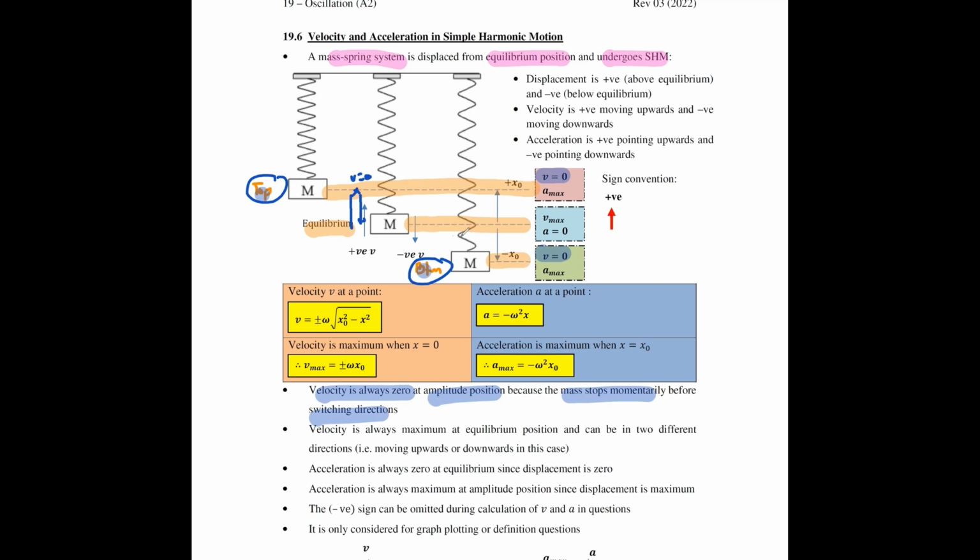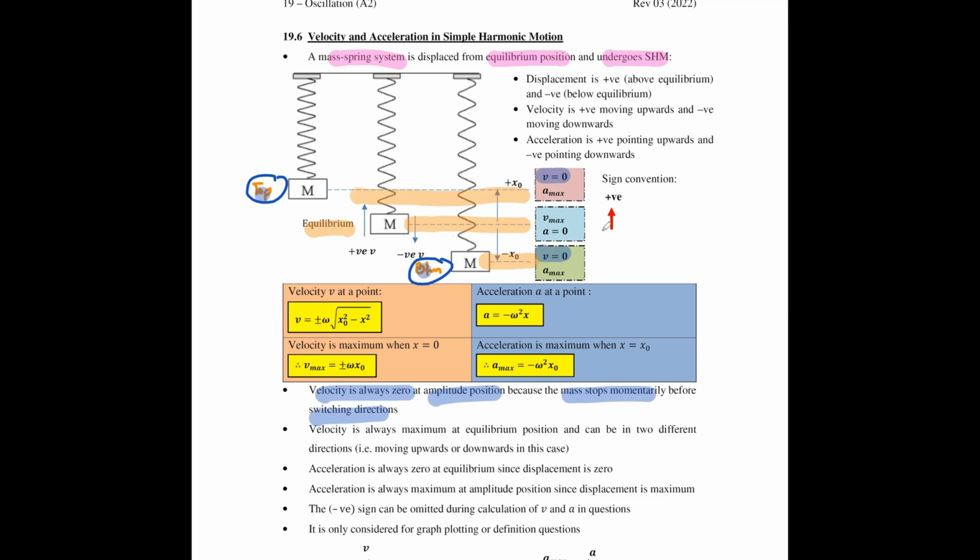The same could be said when your mass goes down and then it wants to go back up, it has to stop temporarily here, at the amplitude position. So at the top and bottom positions, your velocity would always be zero. That's one thing to note.